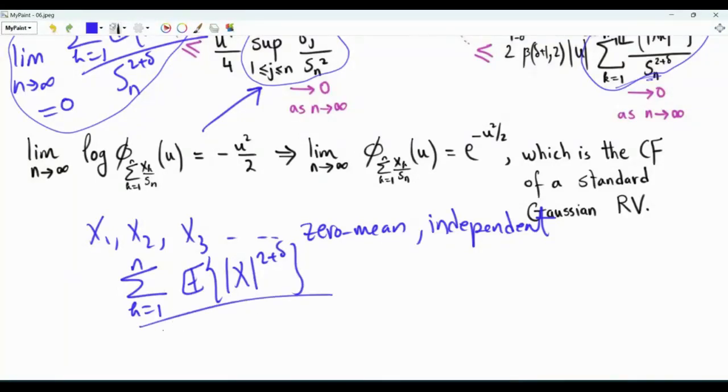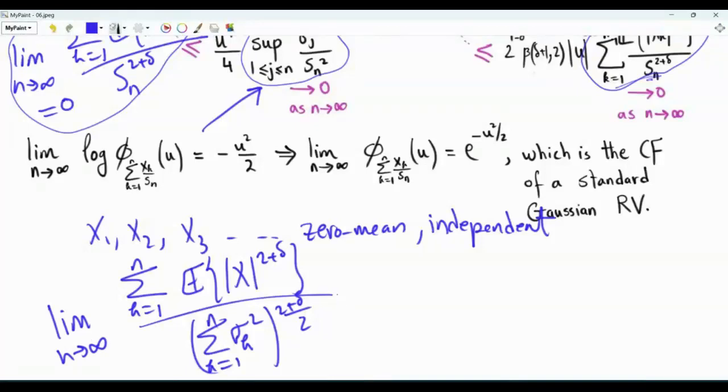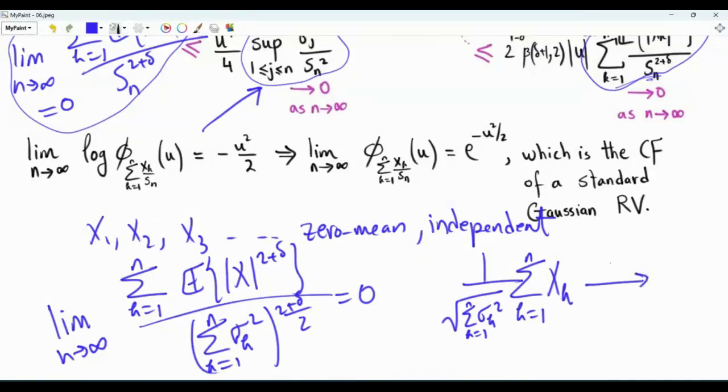If we take this summation, divide it by the sum of the variances to the power 2 plus delta over 2, take the limit as n tends to infinity, this is 0. If this is satisfied, then indeed the sum k from 1 to n of xk, if we scale this sum by dividing by the square root of the sum of variances, then this will converge in distribution to standard normal. To be precise, the CDF of this quantity here tends to the CDF of a standard Gaussian random variable as n tends to infinity.